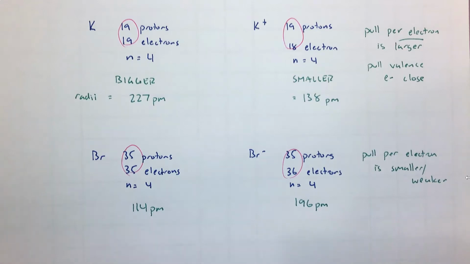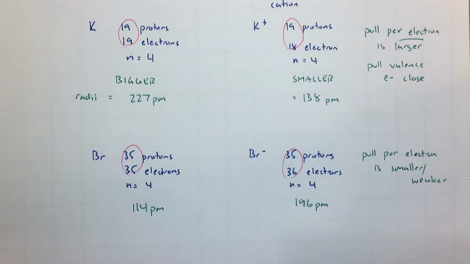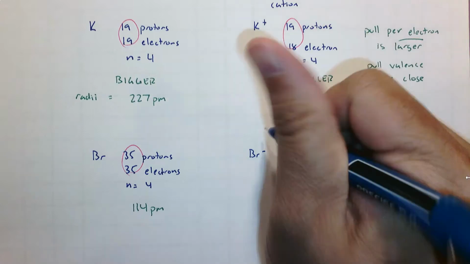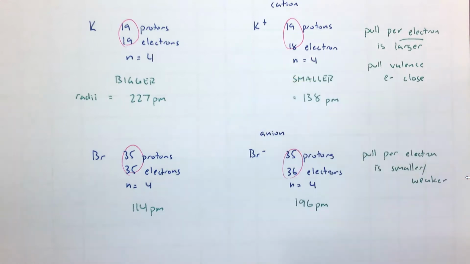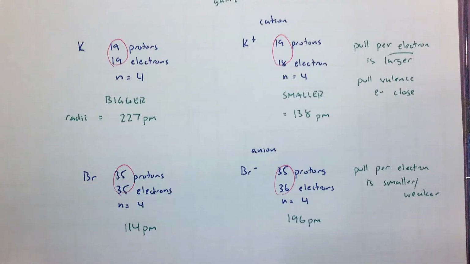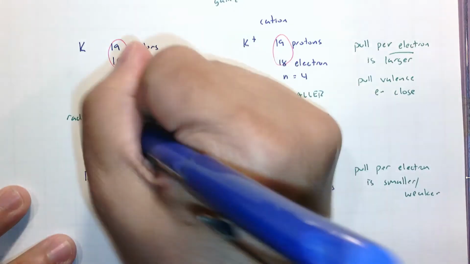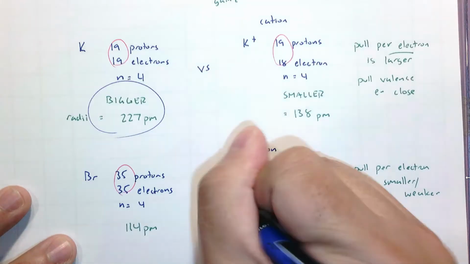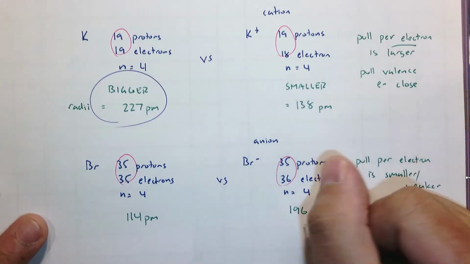So depending on whether you make, these are called cations, if you become a positively charged ion, and when you become a negatively charged ion, it's called an anion. And I'm going to circle the bigger ones. So between these two, this is the bigger, and between Br neutral and Br minus, the ion is bigger.